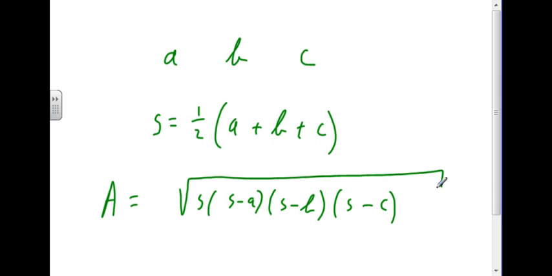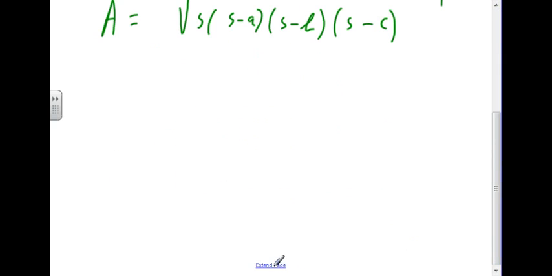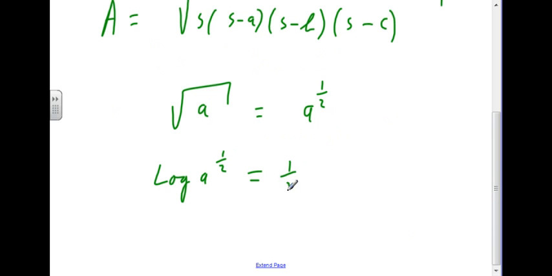So if I look at the square root of a, I could rewrite that as a to the 1/2. If I take the log of a to the 1/2, that's the same as 1/2 log a.